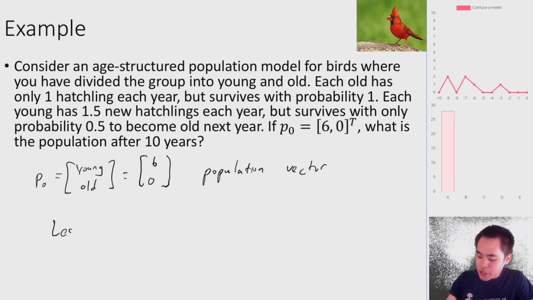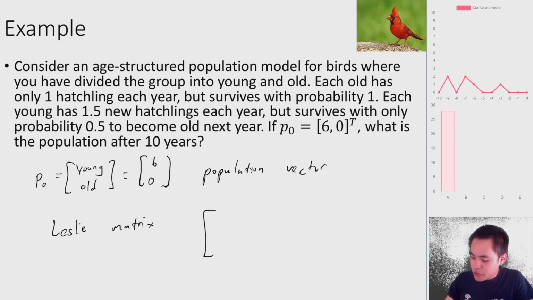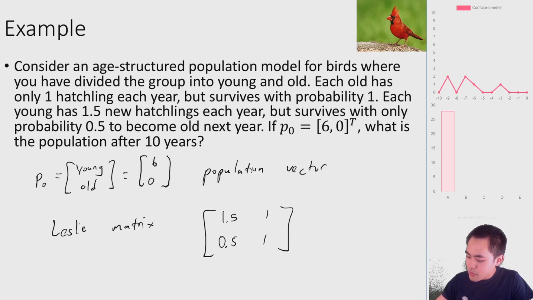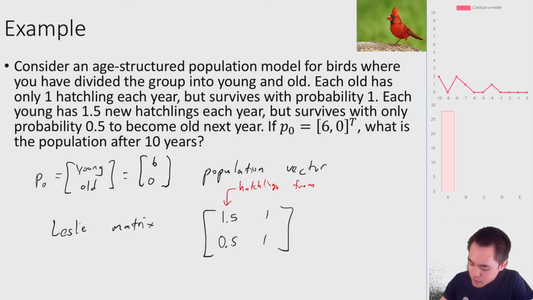And we have our Leslie matrix. And note that this here is going to be 1.5 because it's 1, 0.5, 1. Since this top here is the number of hatchlings from young, this is hatchlings from old, and this here is survival of hatchlings to adults.